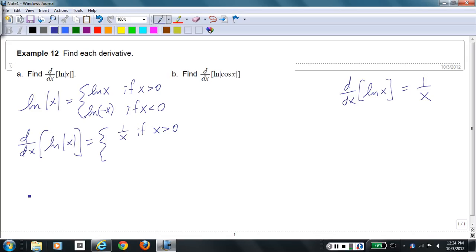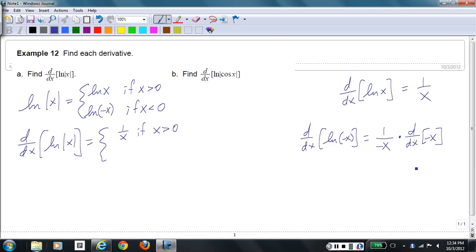So let's find, kind of off in the margin somewhere, d dx of the natural log of negative x. Let's see what we would do here, and I guess I should scoot it over just a little bit, give myself enough room here to apply the chain rule. This is going to be the derivative of the natural log of the expression, which is 1 over that expression times the derivative of that expression.